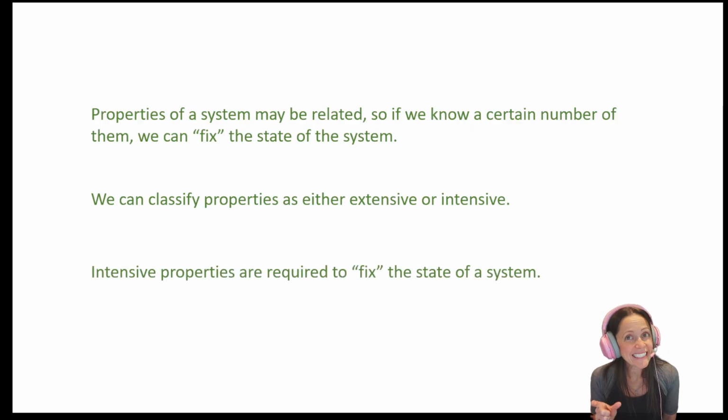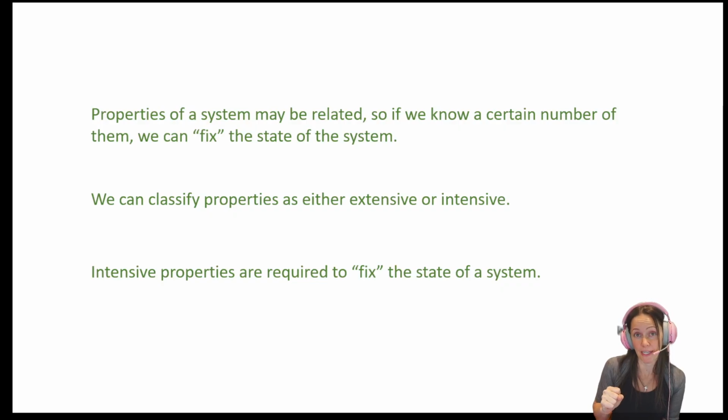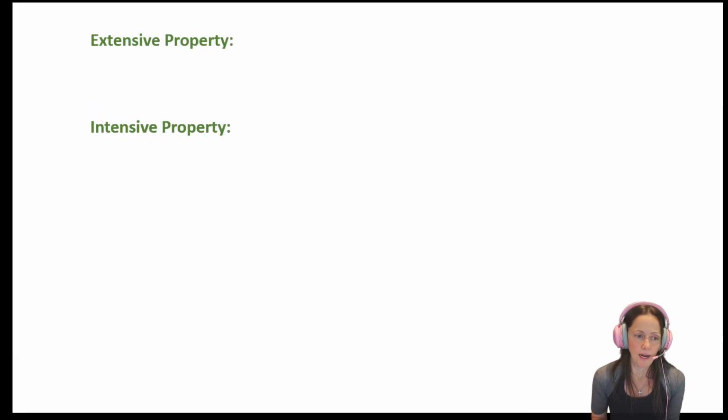And it's the intensive properties that are required to fix the state of the system. So you need a handful of intensive properties, and we'll talk about the exact number later, but if you know that handful, you can figure out any other properties that you want to know about that system.